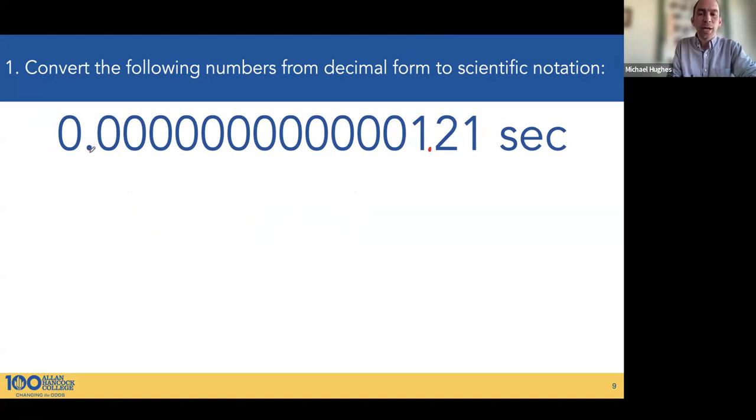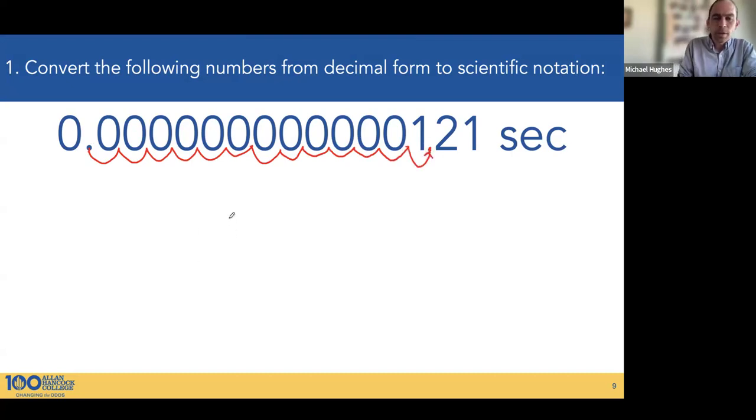How many places we would have to move the decimal point from its original location to get to 1.21 would be in the negative direction, the less than 1 direction: 1, 2, 3, 4, 5, 6, 7, 8, 9, 10, 11, 12, 13 times. So we have 1.21 times 10 to the negative 13 seconds.